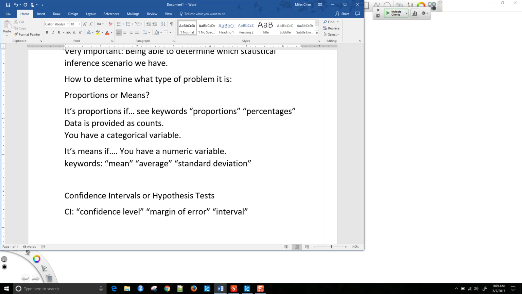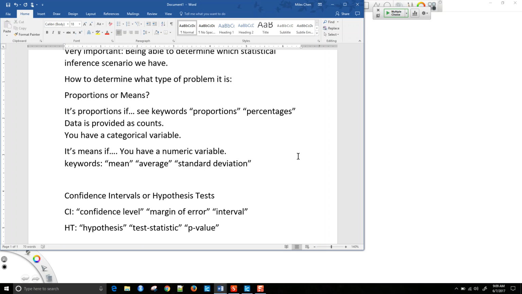So these are kind of the keywords. As far as hypothesis tests go, clearly saying hypothesis will mean that you're dealing with a hypothesis test. Test statistic or p-value. These only apply for hypothesis tests. Okay? You don't have p-values for confidence intervals. You don't have test statistics for confidence intervals. Okay, they only exist in the context of hypothesis tests.